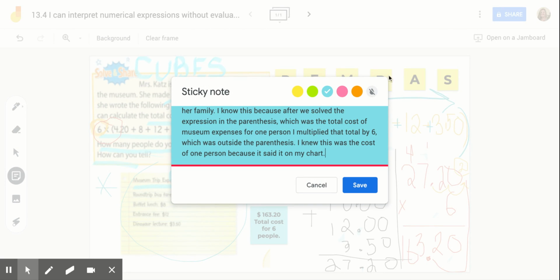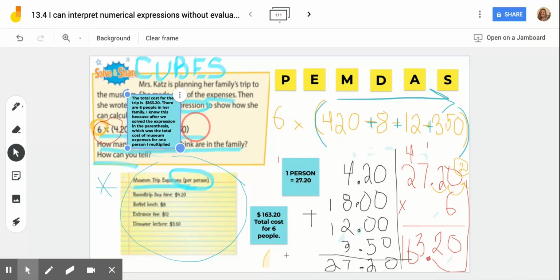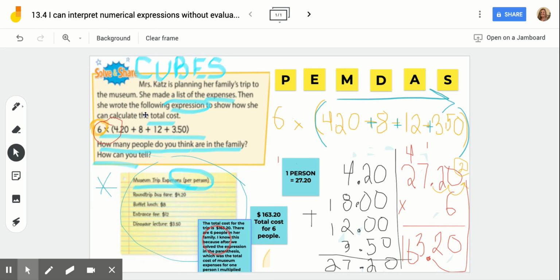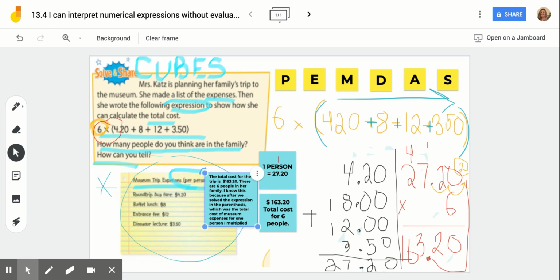I knew this was the total of one person because it was inside my chart. Okay, I'm putting that here. And I think that is an appropriate explanation, answers all parts of my question. We checked our work, and I think we're getting to be PEMDAS pros.